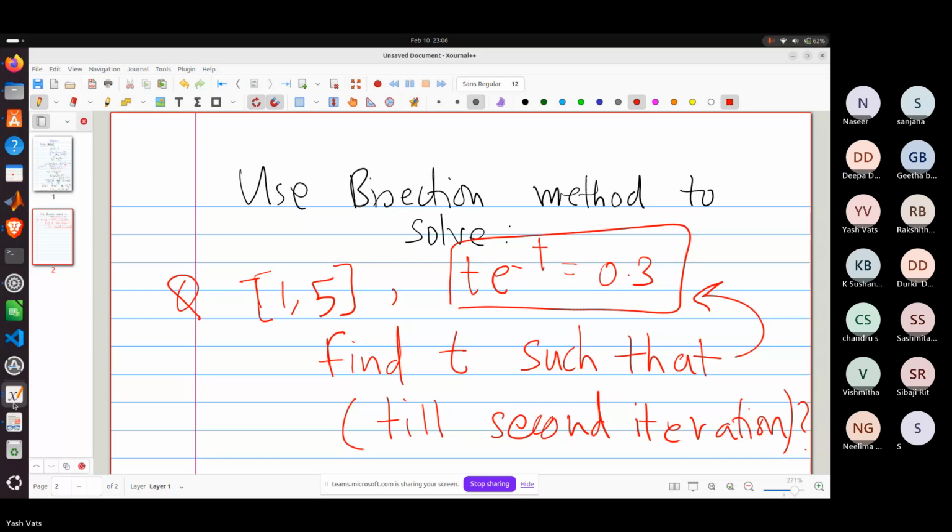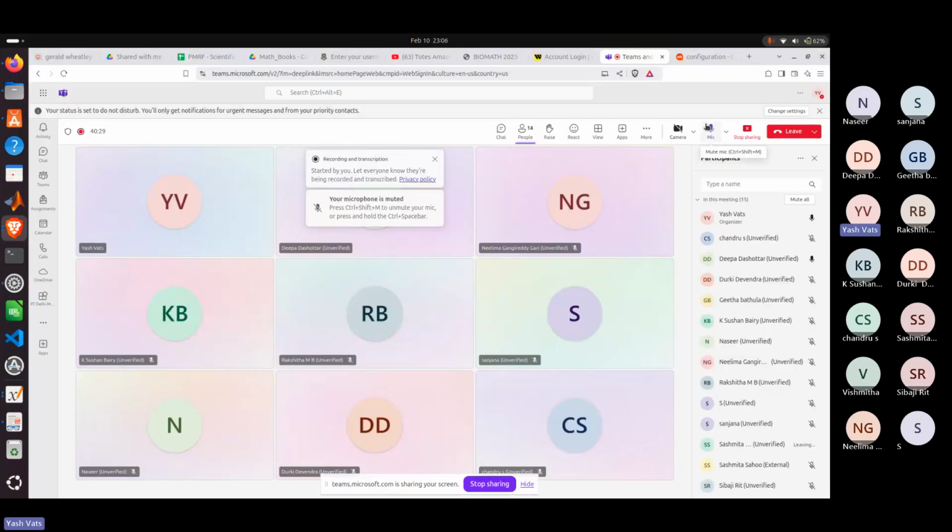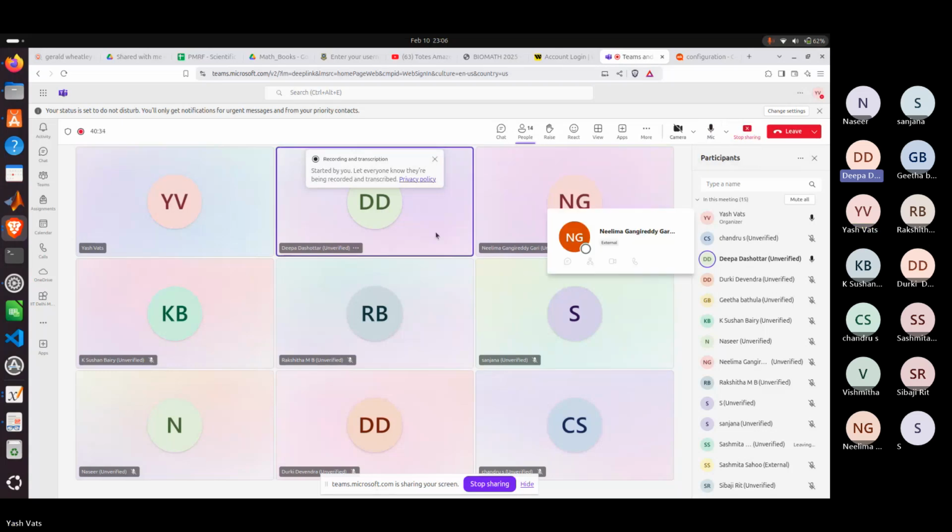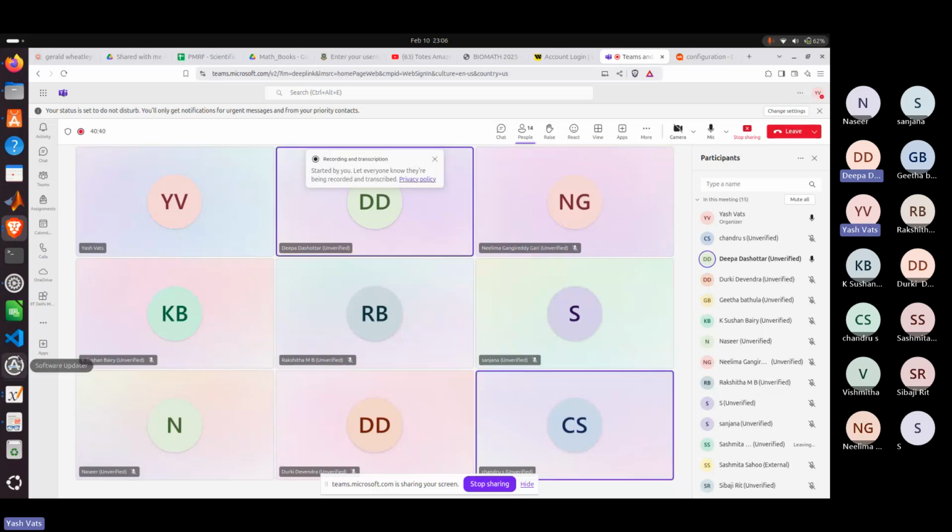Hello, sir. Still second iteration only, you said, no? Yes. Still second, I mean, we have to find the root. It is moving towards 1.